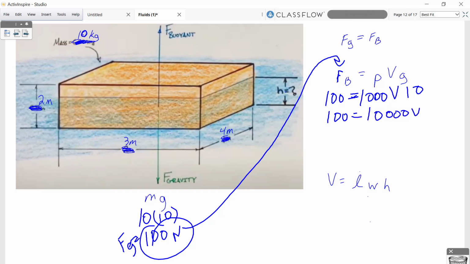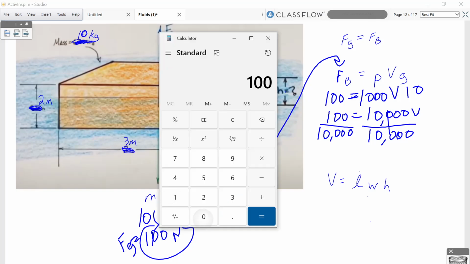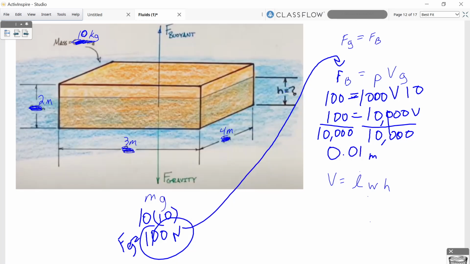Multiply, divide, and our volume here ends up being 0.01. And again, the unit is meter cubed because there's a length, a width, and a height, which is cubed.